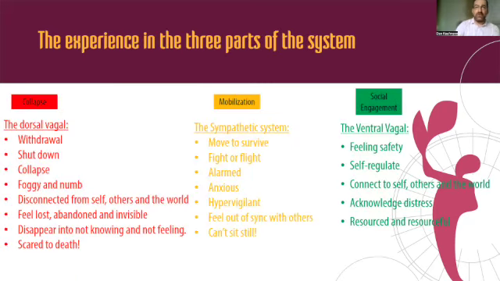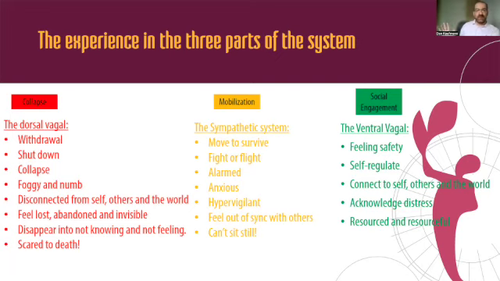So if we really want to experience what that feels like in the three components of the system, let's start from the collapse. Usually when we are in the state of collapse, when the dorsal vagal is active, we really feel withdrawn. We don't want to have anything to do with anybody.